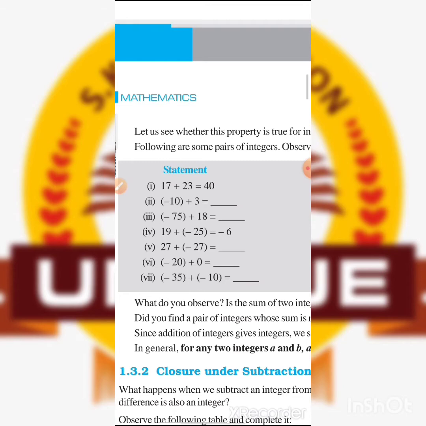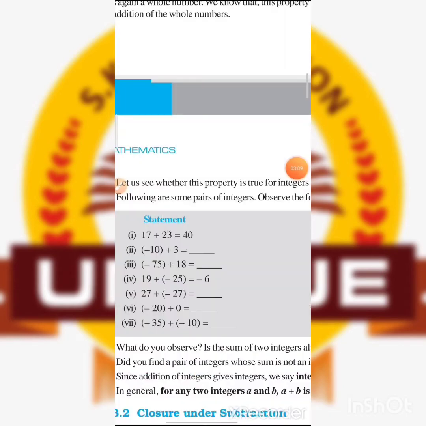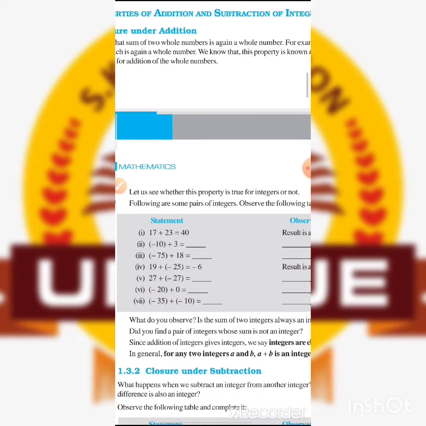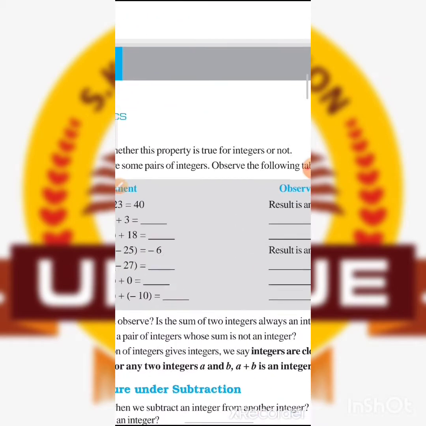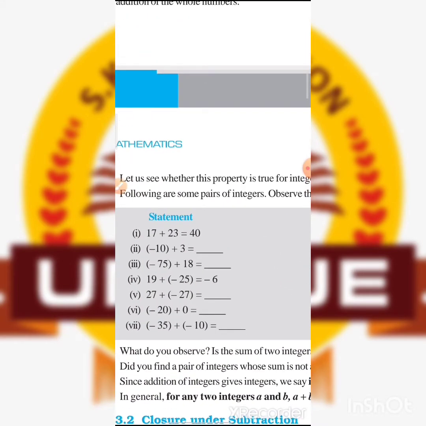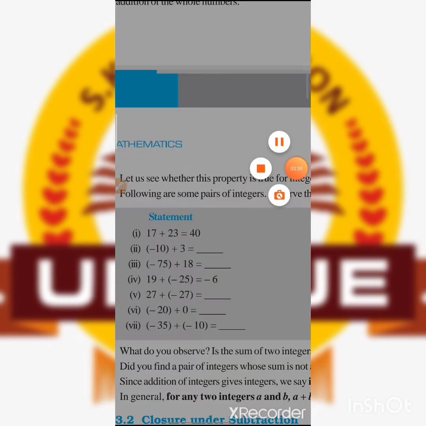Minus 7 is also an integer. So as you can see, if we take any integers, their sum will be an integer only. So we can say that integers are closed under addition. In general, for any two integers, the answer will be an integer only.